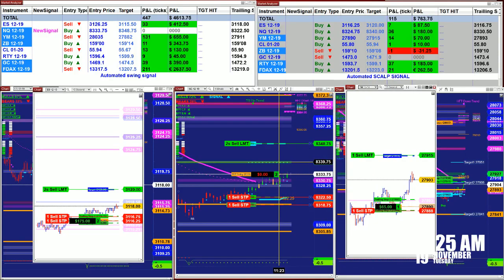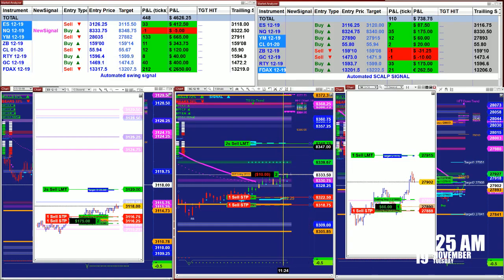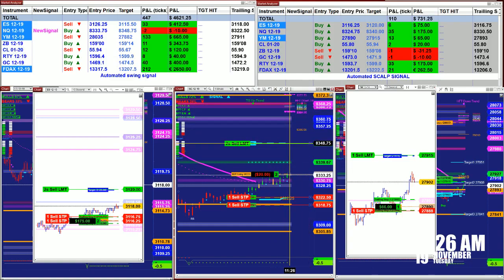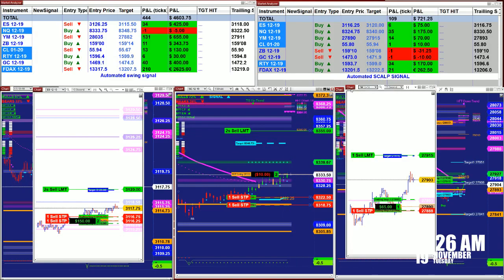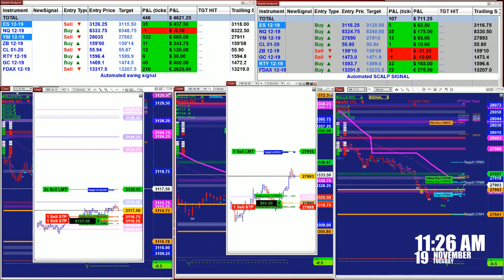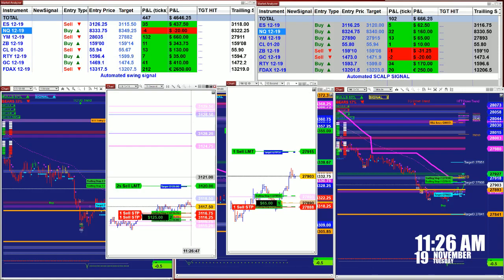Be careful with the projection at 83.39.75. Once we cross it, you are clear to the target, or you can extend your target to 83.55. But you gotta be careful if you are trading the ES on this one.